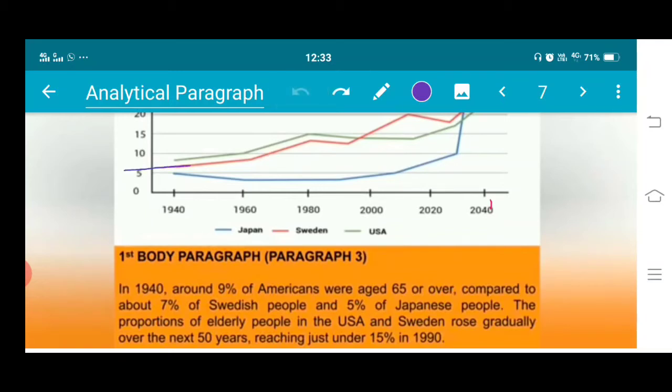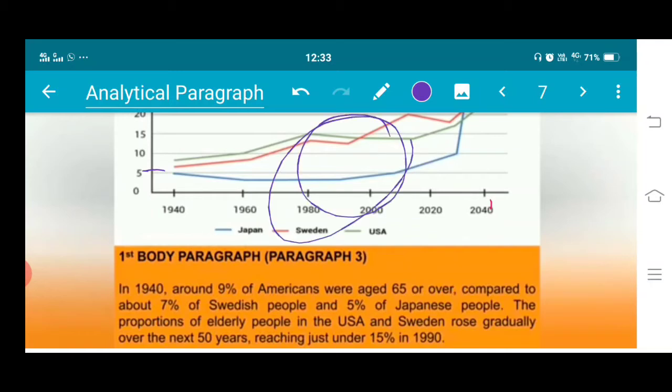So it is near about 5. This Japanese line is here at the 5. So we have done 7%, 9% and 5%: 9% for Americans, 7% for people who are living in Sweden, Swedish people, and 5% for the Japanese people. And the proportions of elderly people in the USA and Sweden rose gradually over the next 50 years.